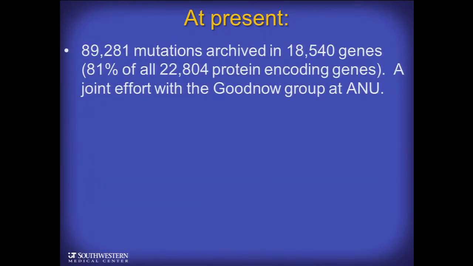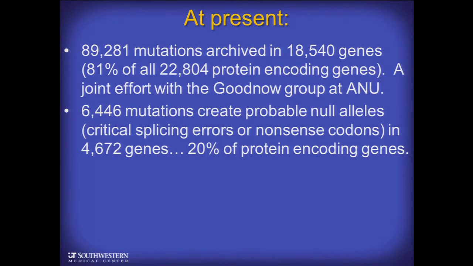By this stage in our work, which has been done mostly in the last 12 months, we've accumulated a total of 90,000 mutations that we've archived, and these fall into 18,540 genes, which is 81% of all the protein encoding genes in the mouse. And some contribution has been made by the Goodnow lab at ANU, which is involved in this project with us.